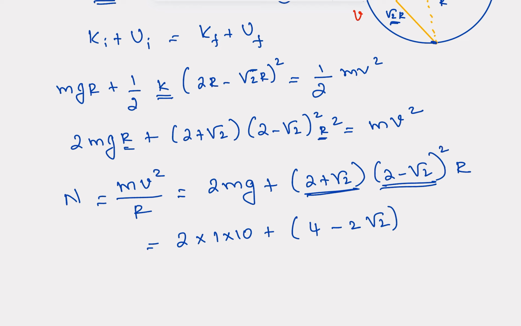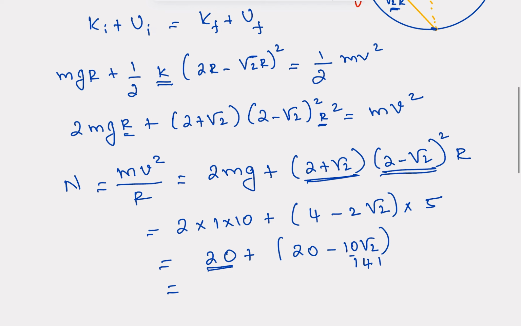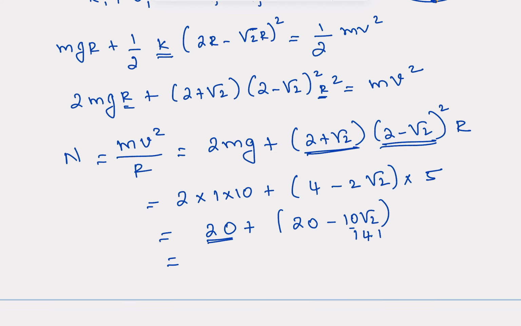Now what is the r value? 5. So now this is 20 plus 20 minus 10 root 2. Approximately, 10 root 2 is 14.1, so take it as 14. So 20 minus 14 is 6, and it will be 26 Newton. This is my normal force, 26 Newton. Okay, thank you.